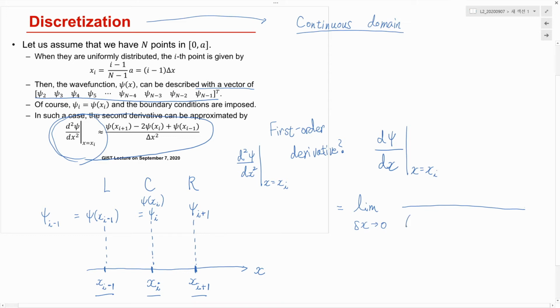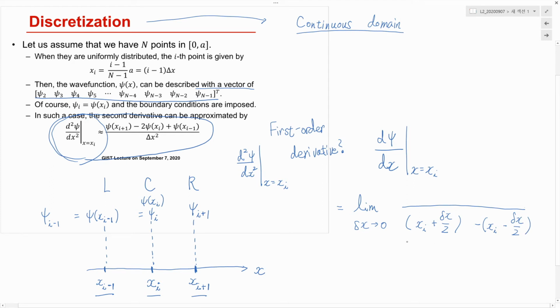For example, xi plus half of delta x minus xi minus half of delta x.